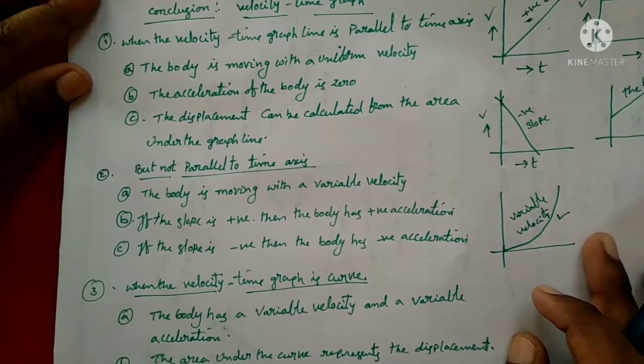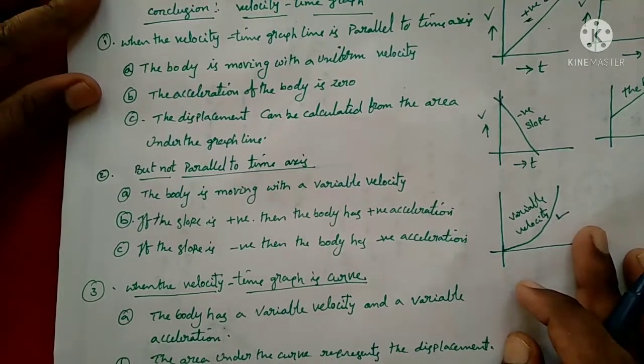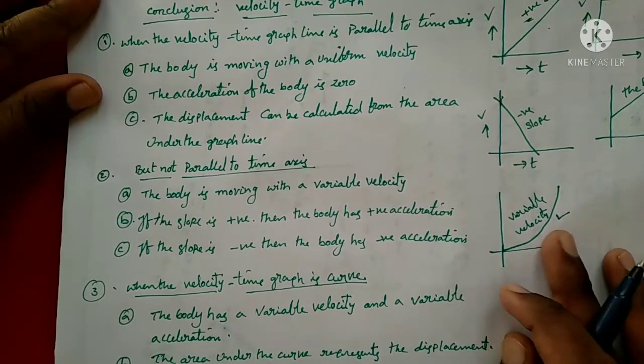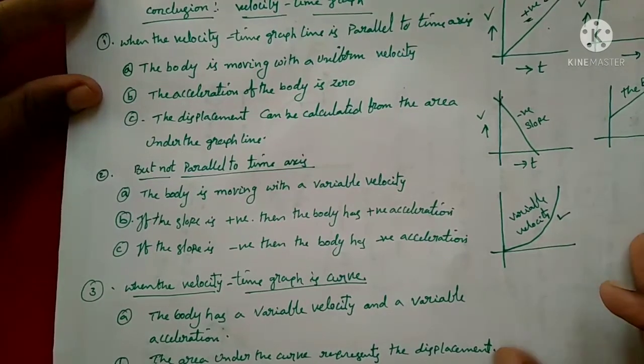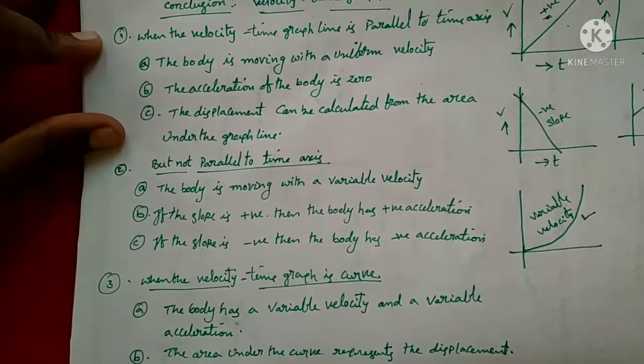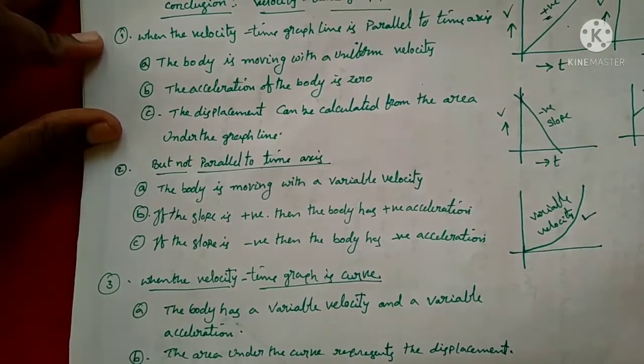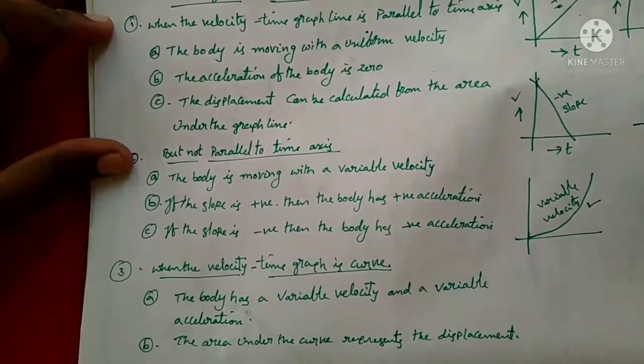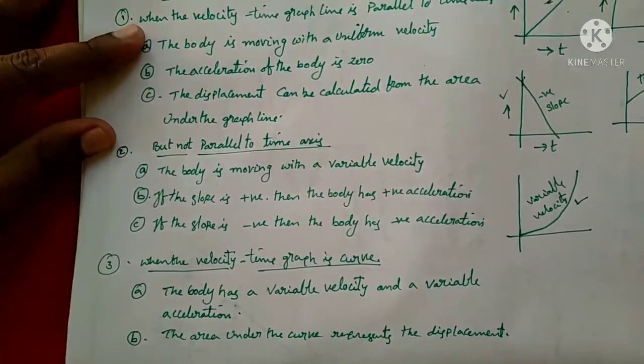When there is no traffic, he travels with more velocity. When there is traffic, he has less velocity. So the velocity is said to be variable. The body has variable velocity, variable acceleration. The area under the curve represents the displacement.